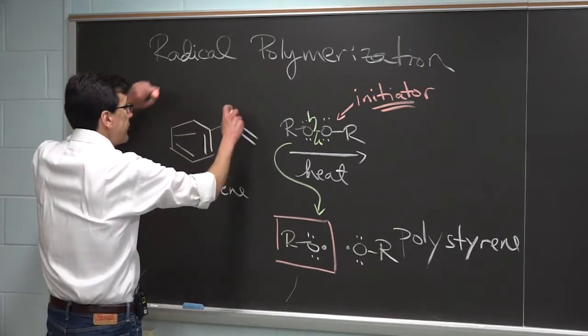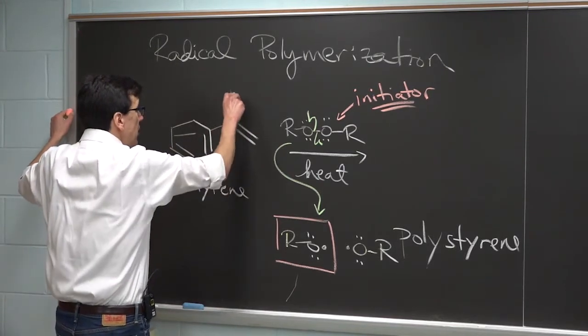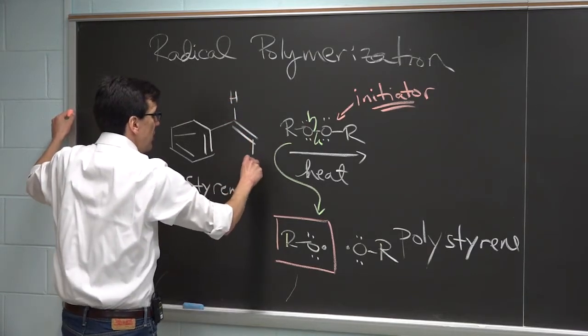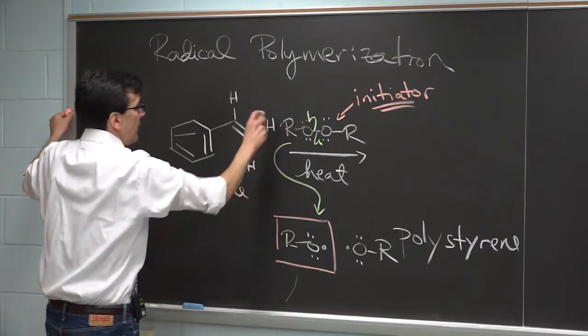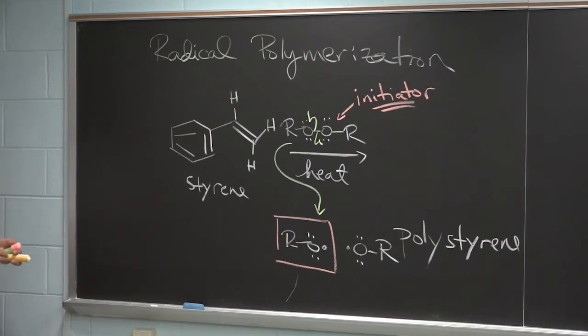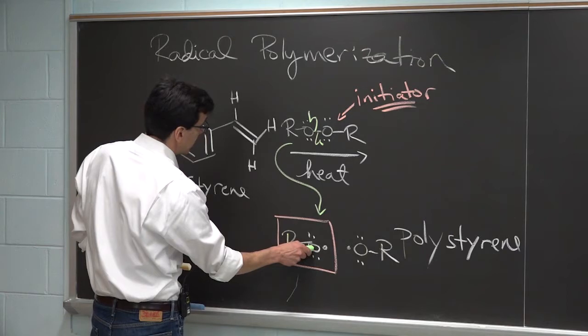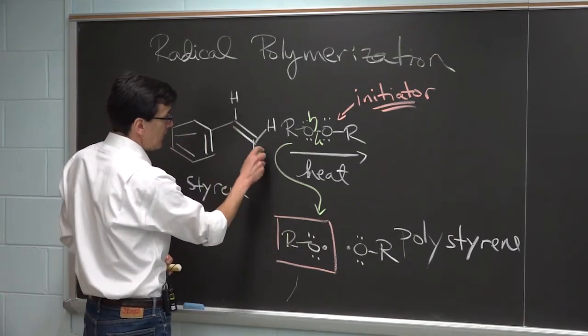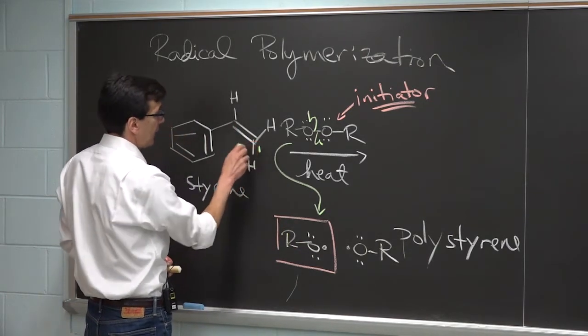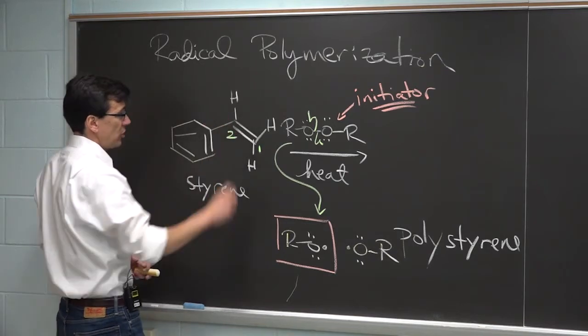Well, let's fill in the hydrogens. There's a hydrogen here, and a hydrogen here, and a hydrogen there. And so now what we want to do is add this radical to this double bond. Let me number the carbons to help keep track. There's carbon 1, there's carbon 2.